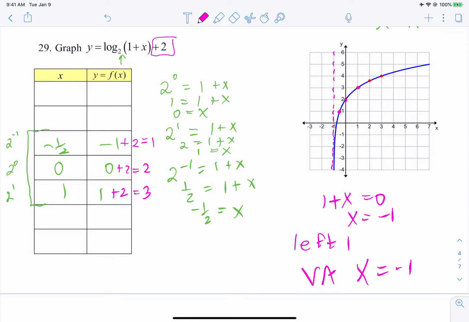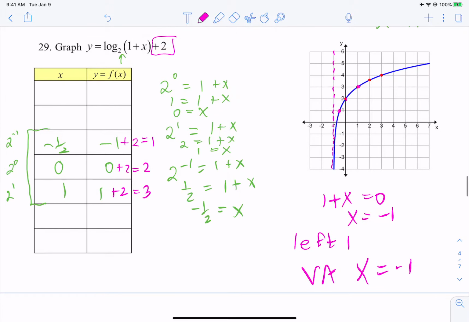The plus 2 just lifted it up 2. The normal log base 2 of x would be down 2 units from where this one is. So basically, it's just log base 2 of x moved to the left one and shifted up 2.